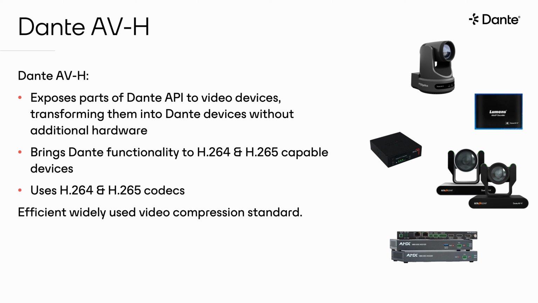In other words, Dante AVH brings Dante functionality to devices that already work using H.264 or H.265 codecs for transporting video over IP. And yes, Dante AVH itself also uses H.264 and H.265 codecs. These are widely used video compression standards that make video streaming on IP networks much more efficient.